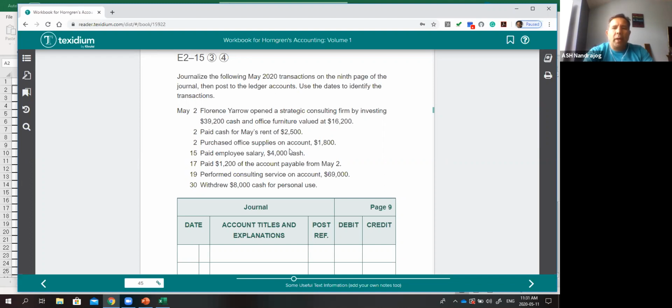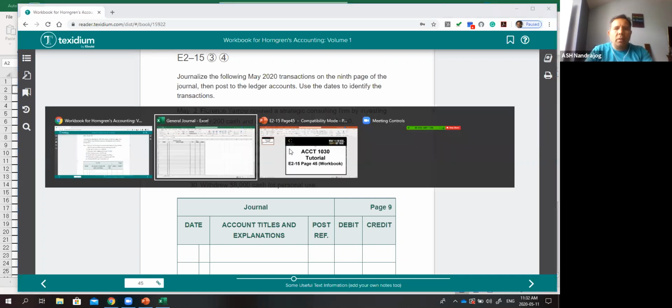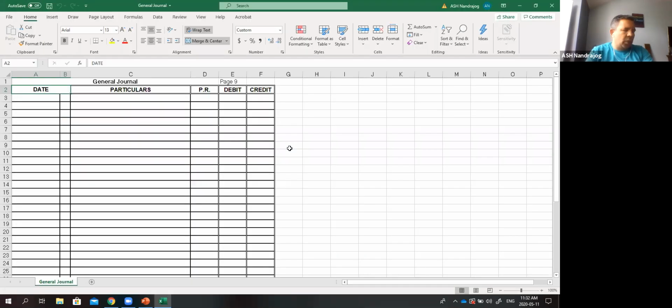And we would have to make debit entries for that. And we would have to make a corresponding credit entry, which will go as a capital for Florence Yarrow, who's the owner. Okay, so how would we record this transaction? Let's put the date first. Let's write it here, May 2nd, and we would write cash.